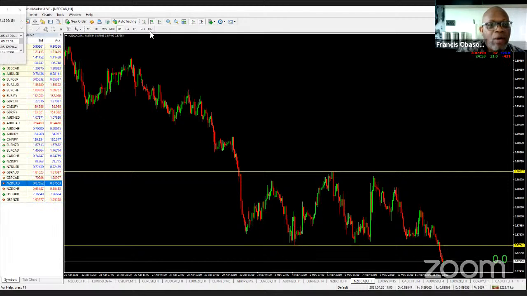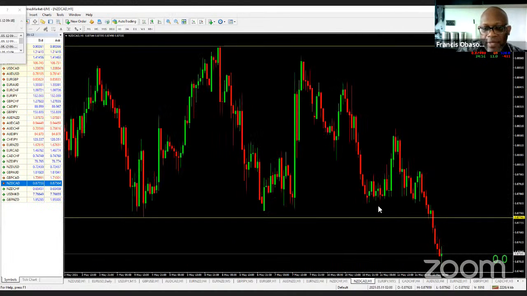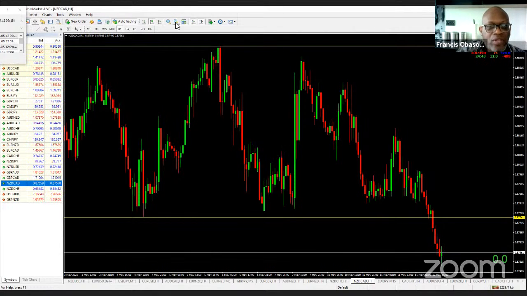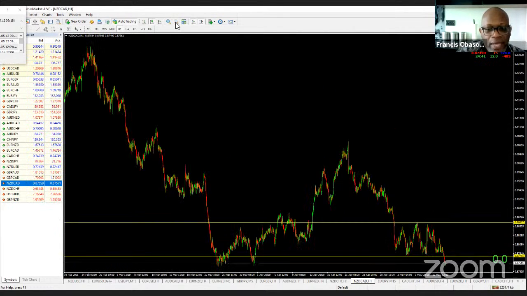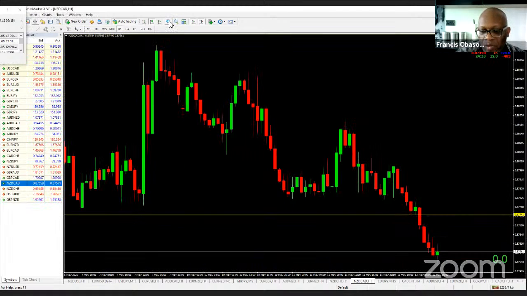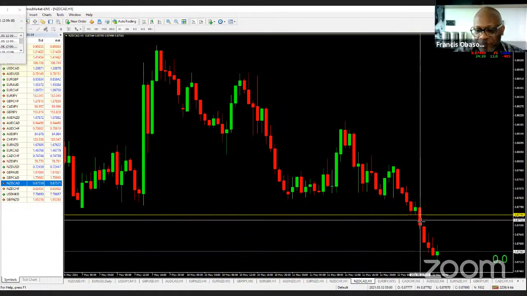Now, one of the ways you might want to enter this trade, some of these Canadian pairs, we're going to have a look at some of them now. Since it's broken out of here, if you want to be aggressive about the entry, then you could jump in for a sell. But I would say to wait for a pullback. One of the best ways or times to get into a trade is when you get a pullback.